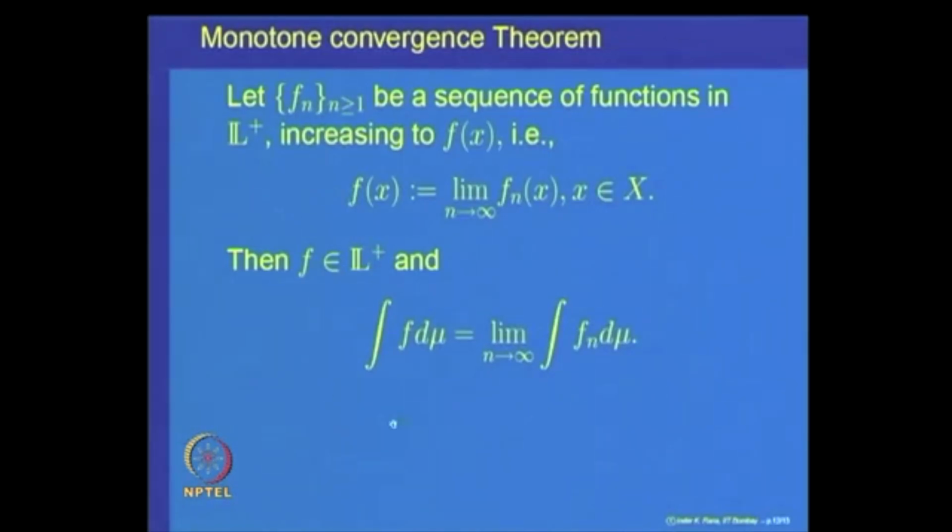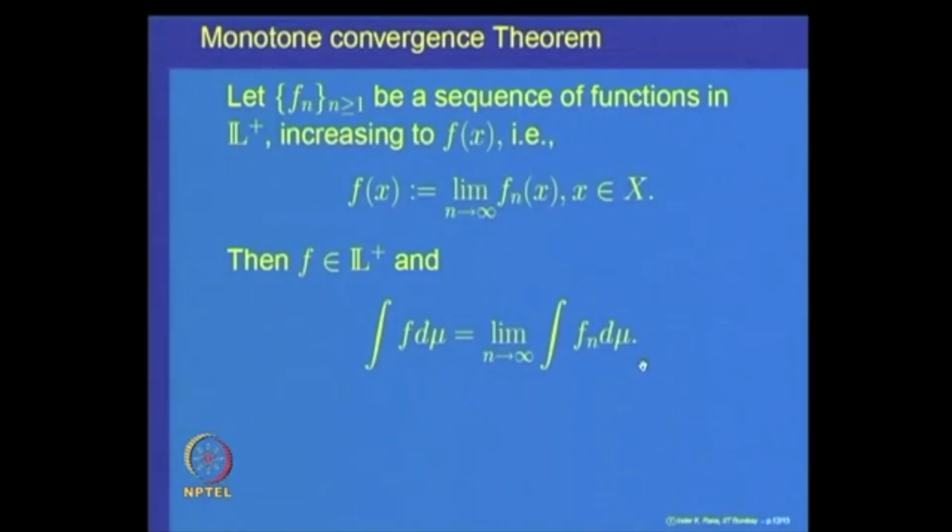So this is one of the important theorems in our subject. It is called the monotone convergence theorem. Monotone because we are looking at a sequence f_n which is monotonically increasing, a sequence of non-negative measurable functions increasing to a function f. We have already seen that f will be a measurable function and it is non-negative, but the important thing is the integral of f. So f is the limit, and the integral of the limit is equal to the limit of the integrals.